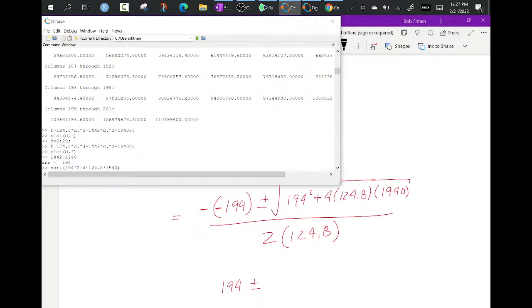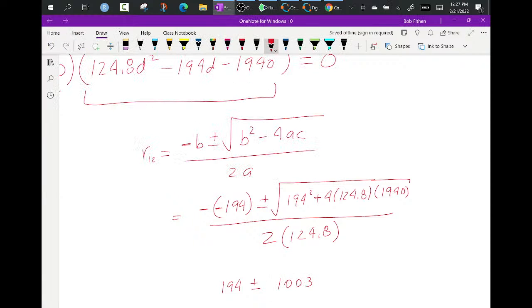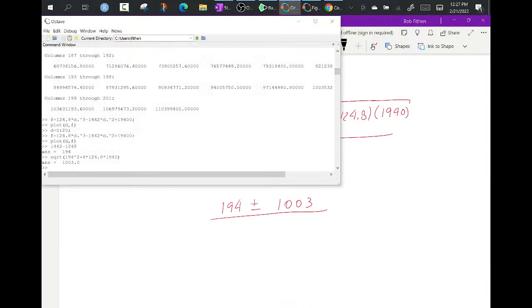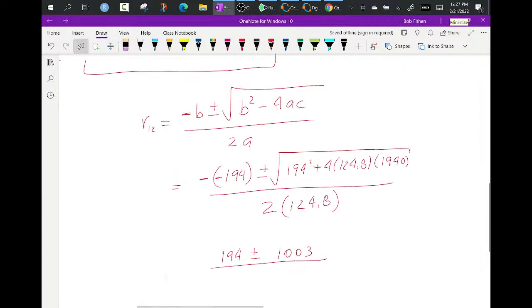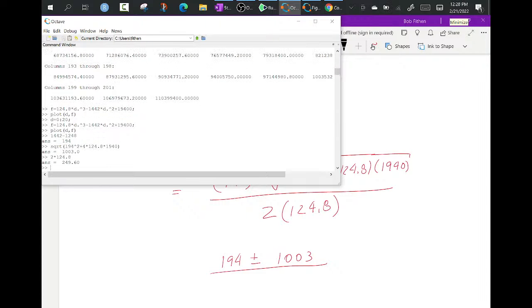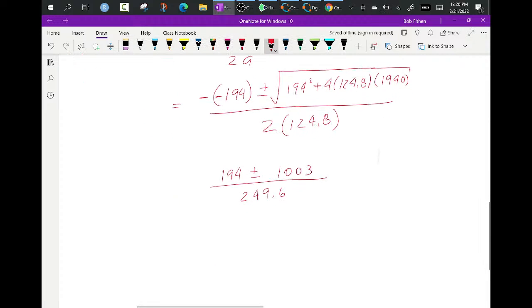I hope I entered that all correctly. 1003 divided by, which I already forgot, 2 times 124.8, which is 249.6. So I'll get 2 roots here.